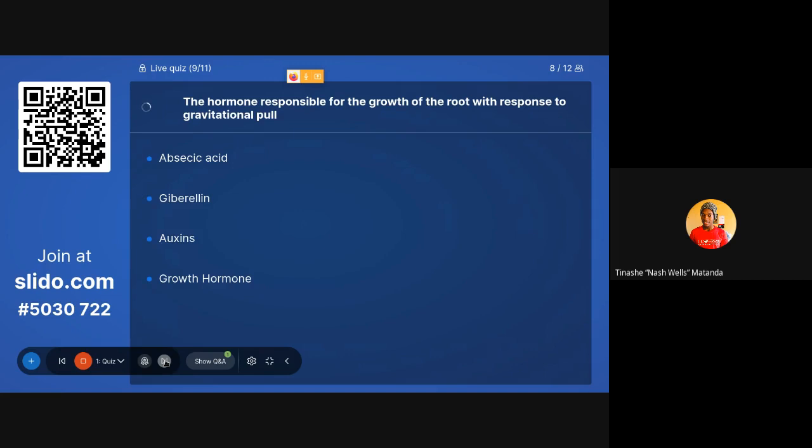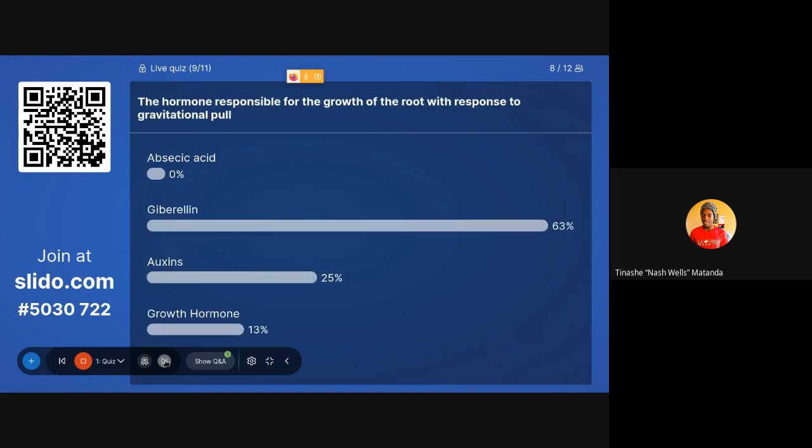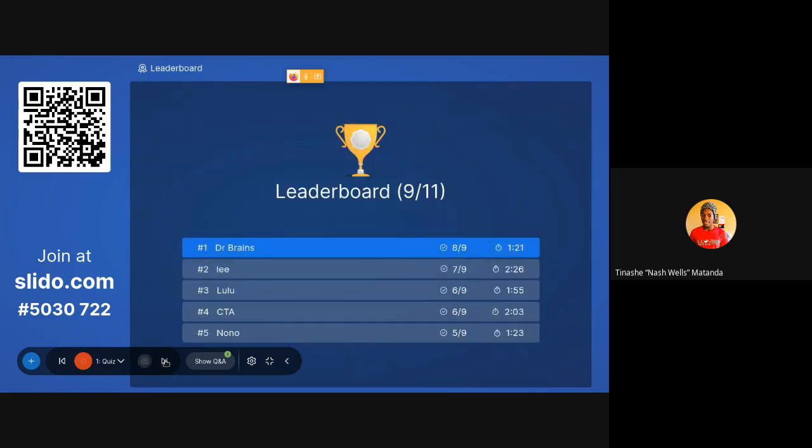All right, locked in. And the answer to that, hey, growth hormone. How? We never, hey, okay, but we never covered growth hormone, guys. But nonetheless, the answer to that is gibberellin. Remember, the G is for gravity. All right. Next, the leaderboard, we've got Dr. Brains on top, followed by Lee, Lulu, CTA, and no, I wonder who that is.